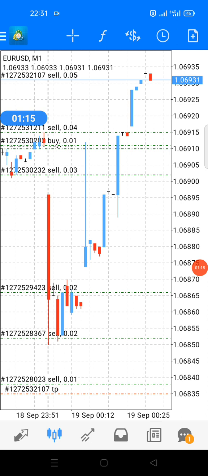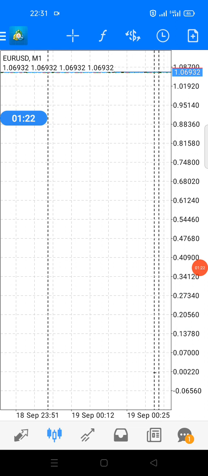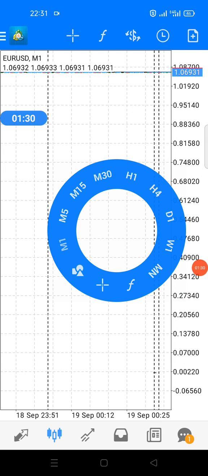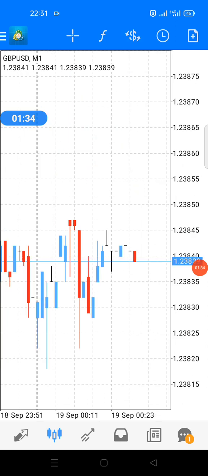Each of them is formed in how long? In 1 minute. That means this big red one is formed in 1 minute. That means these small ones, each of them is formed in 1 minute.